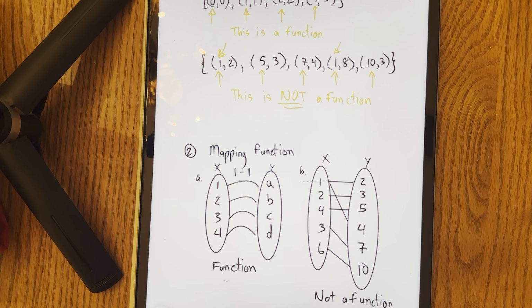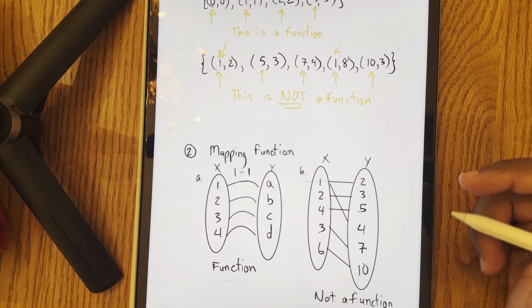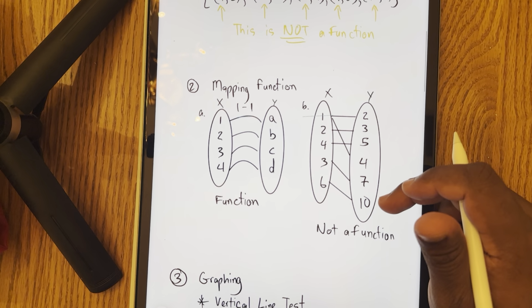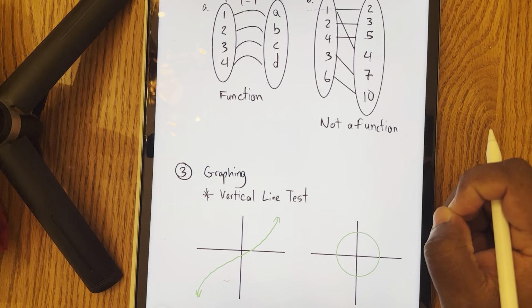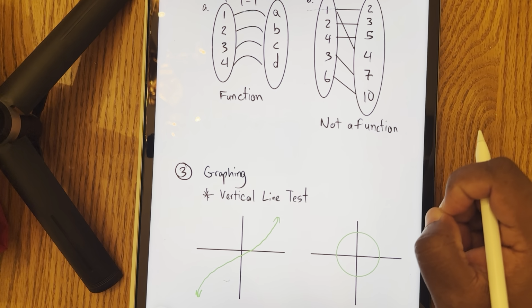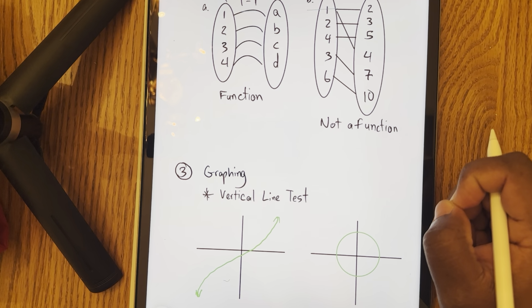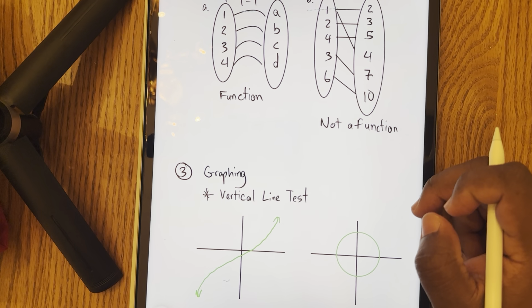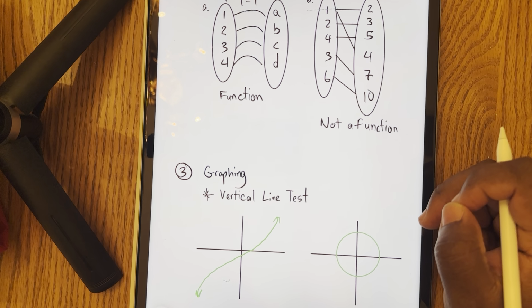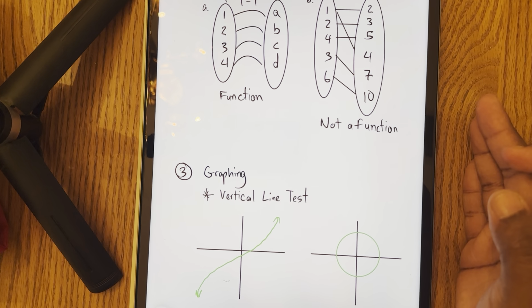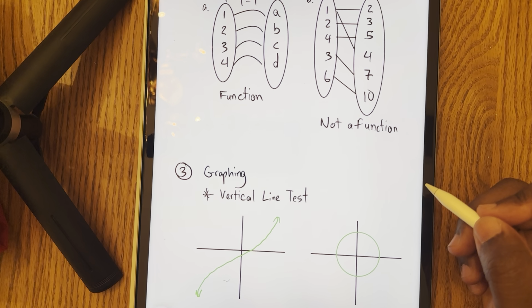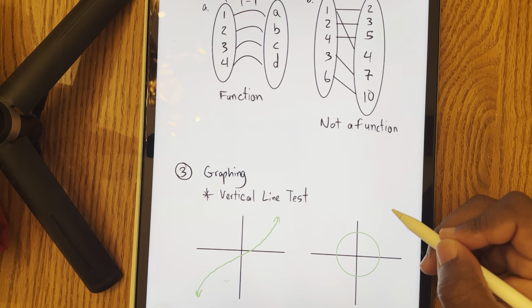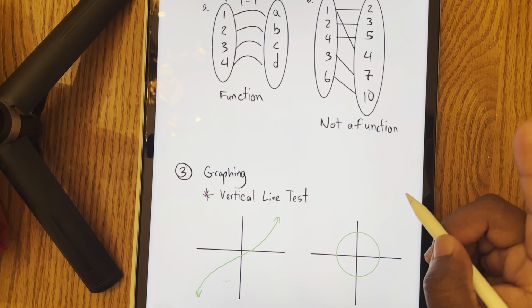Okay, and then the last example under this topic would be graphing. For graphing, it's a little bit different. The test to determine if something is a function or not is the vertical line test. The vertical line test says that if you were to draw a vertical line on your function at any point, it should only touch that graph once, at one unique point.